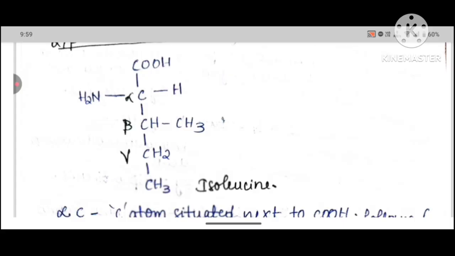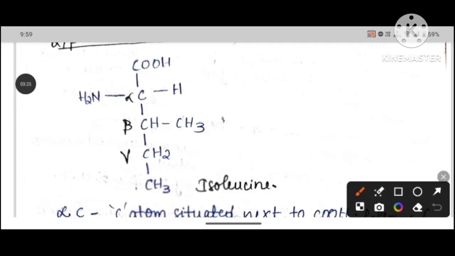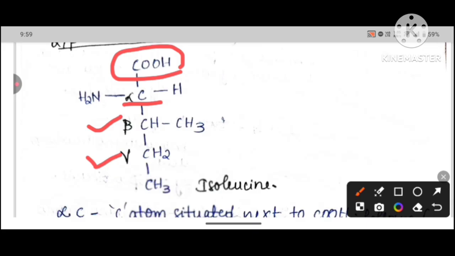The next immediate carbon atom will be the beta and the next will be the gamma. Here the COOH functional group is attached to the primary carbon atom at the top, so this carbon atom is alpha. After the alpha carbon atom, the next carbon atom is the beta and the another one is gamma. This is how you identify an alpha carbon atom and name the beta and gamma carbons as well.